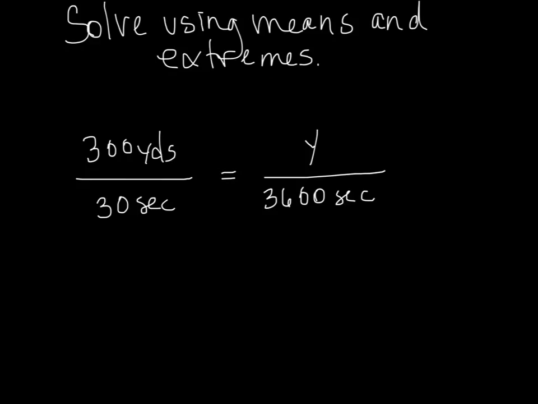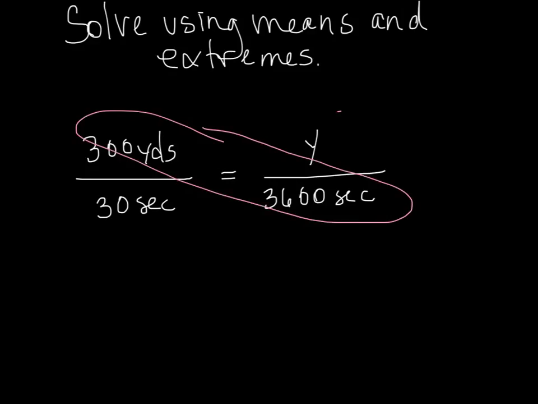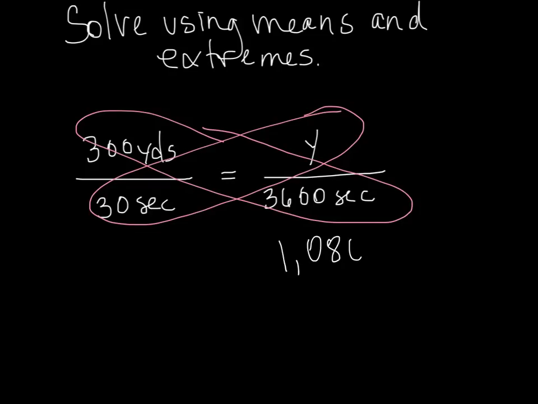Means and extremes, we should be able to multiply our extremes and multiply our means, and they should equal the same thing. So 300 times 3,600 is, break out the calculator, that's right, it is 1,080,000.